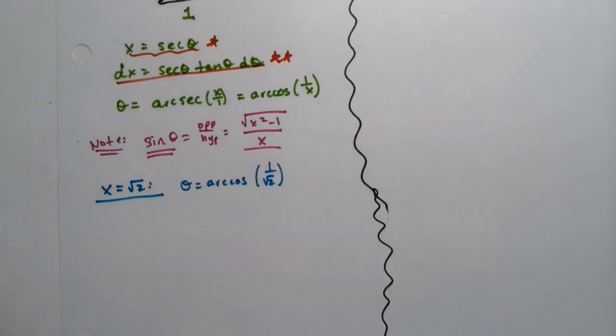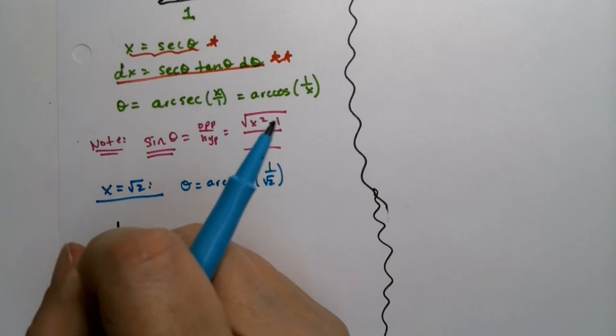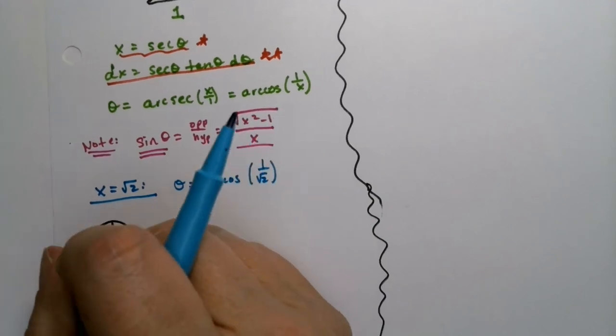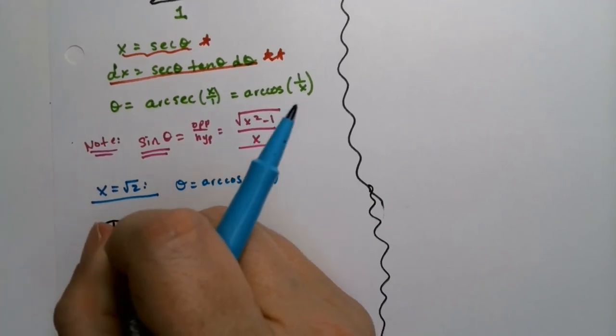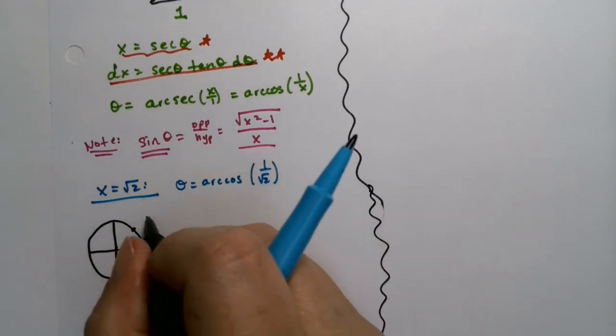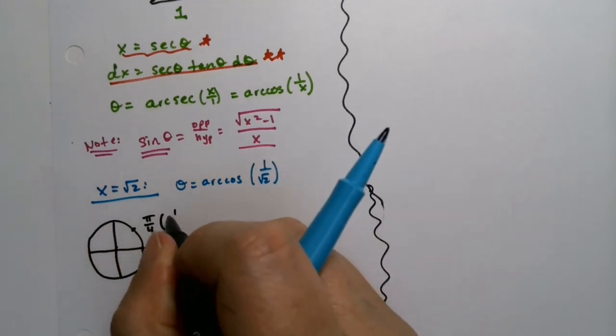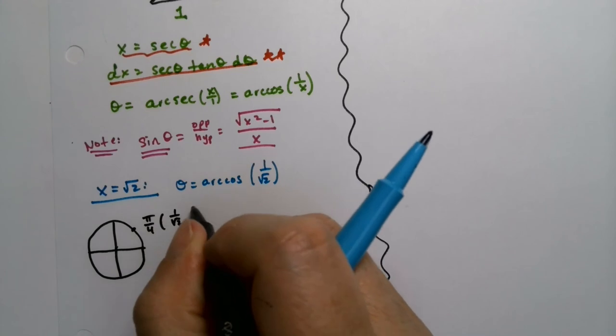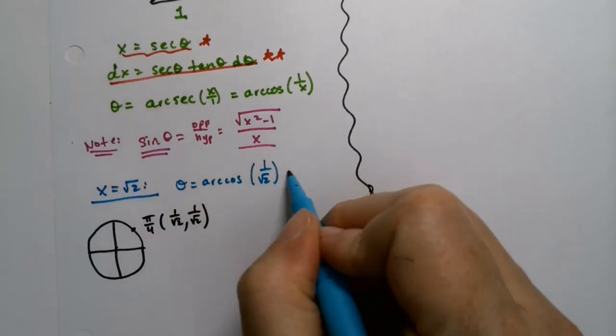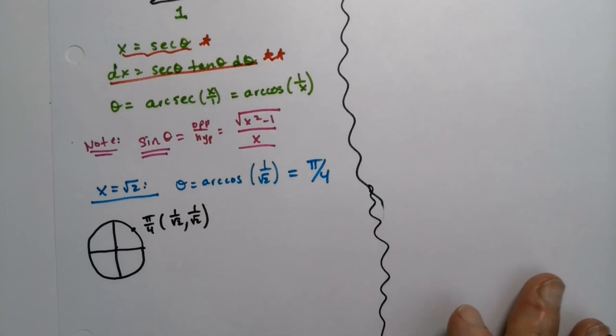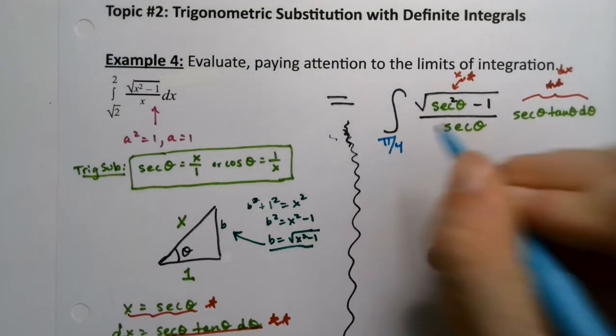That should be screaming out to you. Think about your unit circle. What angle has a cosine that is 1 over the square root of 2? It's pi over 4, right? So this is pi over 4. So my bottom number on my integral is going to turn into pi over 4, right here.